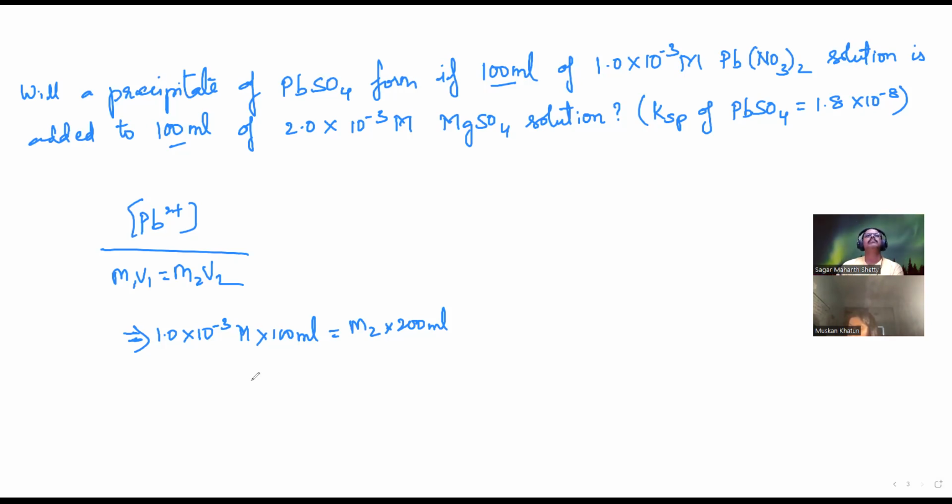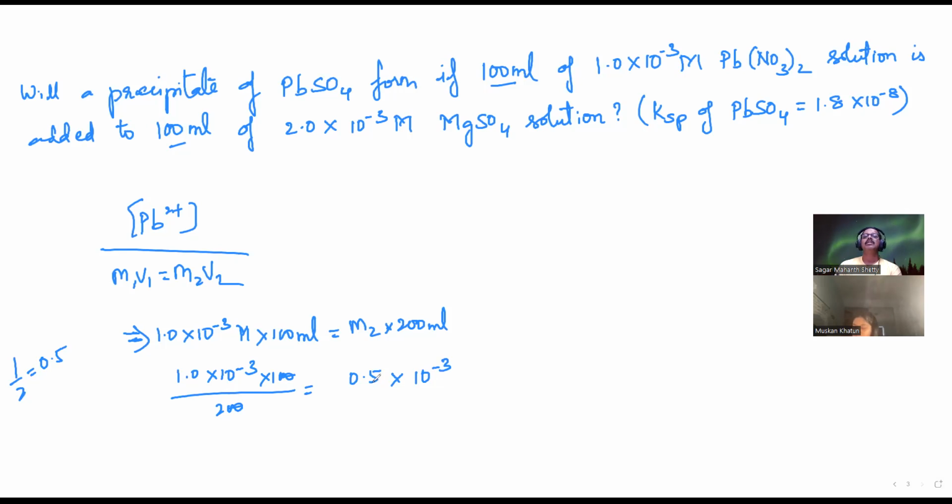So this would now become 1.0 into 10 to the power of -3 times 100 over 200. The 200 would come down here, so the 0 and 0 are cancelled. So 1.0 into 10 to the power of -3. 2 goes how many times in 1.0? It goes 0.5 times, that is, 1/2 equals 0.5 times 10 to the power of -3.